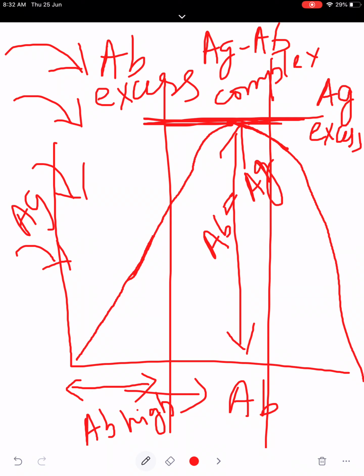So the amount of complex formed in the antibody excess and antigen excess regions will be least, and the maximum will be seen here, where both antigen and antibody are in the equivalent zone. Here it is the antigen antibody equivalent zone. So I can call it the zone of equivalence.